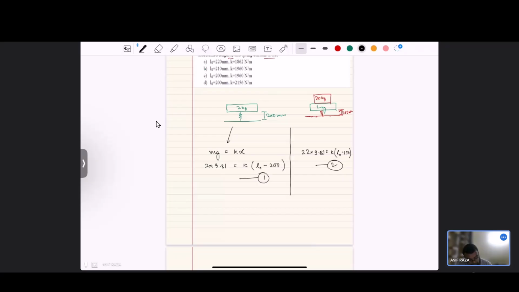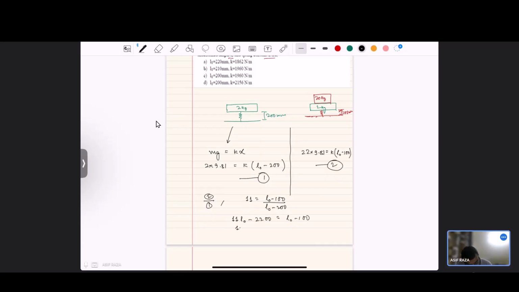Now let us take 2 by 1. It will be 11 equals L0 minus 100 over L0 minus 200. So this would be 11 L0 minus 11 into 200 equals L0 minus 100.